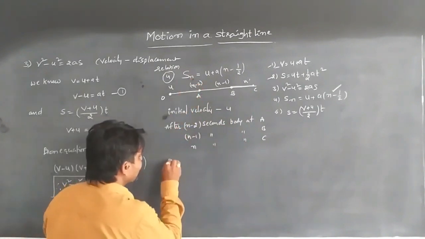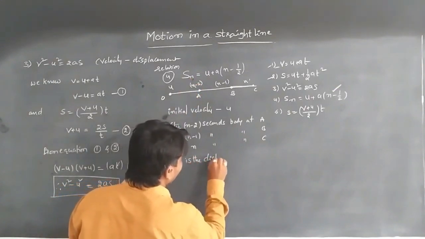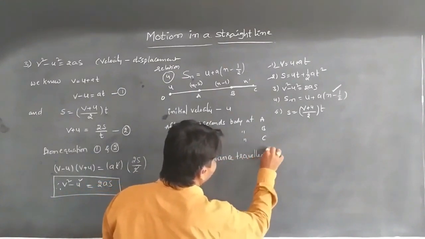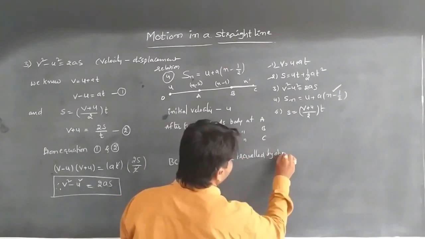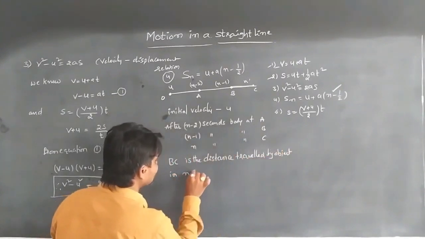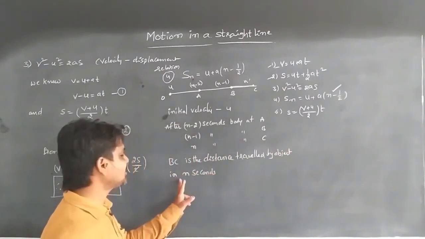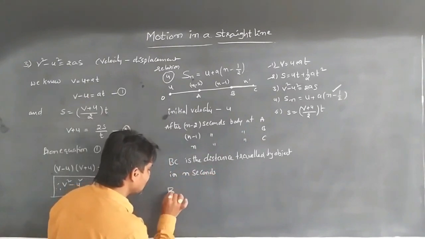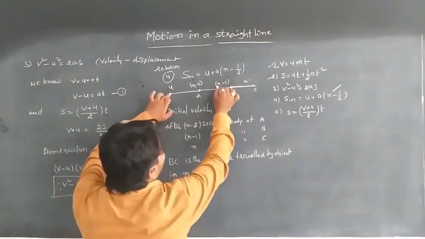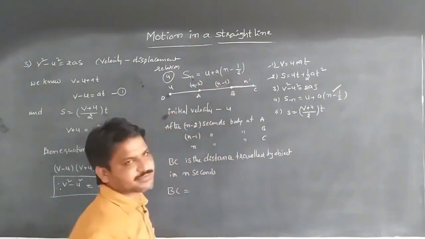So BC is the distance travelled by the body in the nth second. From this point to this point the time taken is n minus 1, and this one is n, the total distance travelled in n seconds.